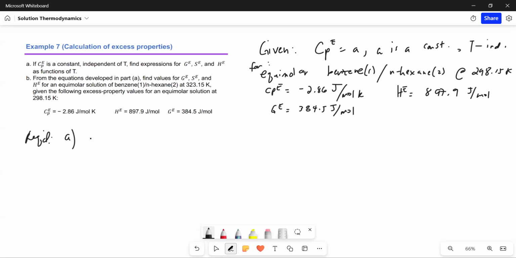is letter A, expressions for GE, SE, and HE as a function of T, as a function of temperature.